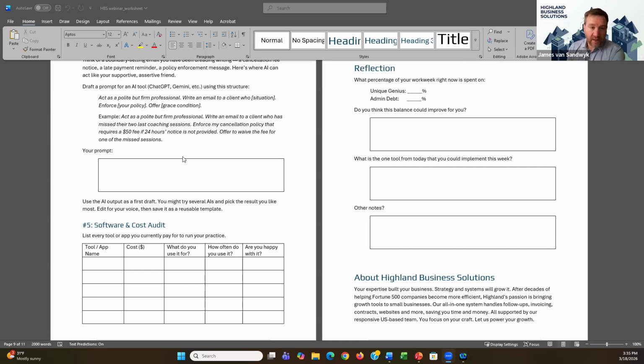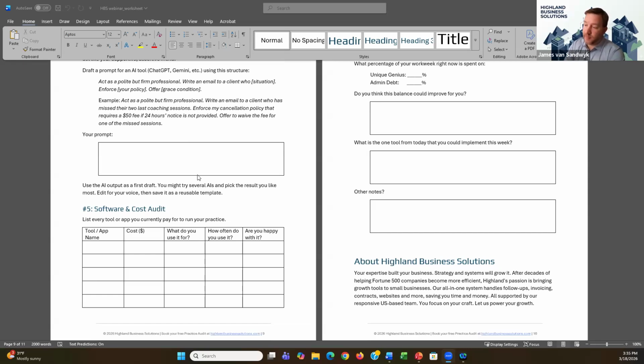Don't have them. Get the automated system to do it for you. It's going to be very matter of fact: this is the policy you agreed to, you did not cancel in this time period, please refer to the cancellation policy. It takes away the negative energy that you would have had to use to do that.